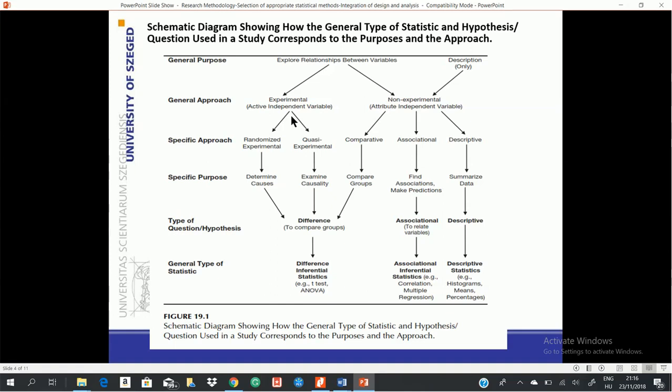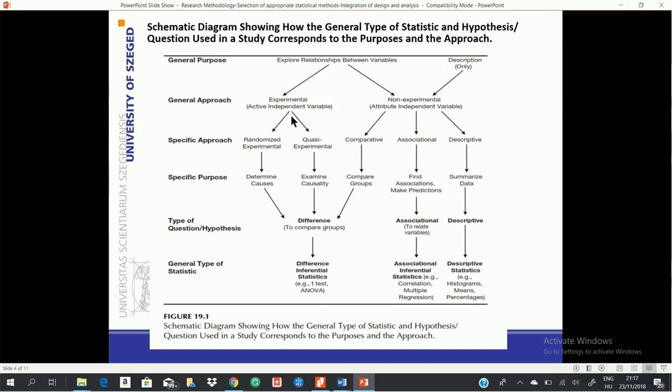For the general approach, it consists of two: experimental, with active independent variable, and non-experimental, with attribute independent variable. I already explained active and attribute independent variables. For the specific approach, it consists of five: randomized experimental, quasi-experimental, comparative, associative, and descriptive.